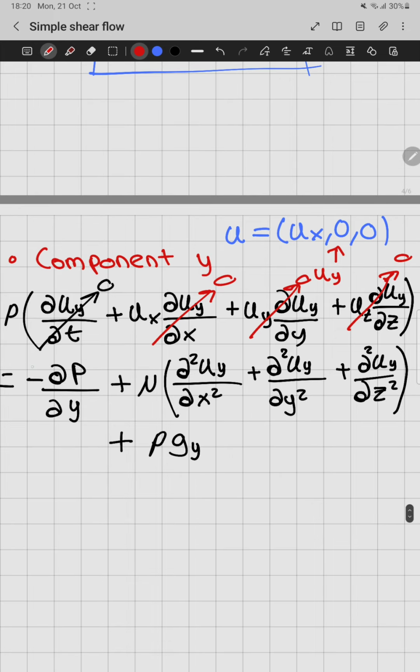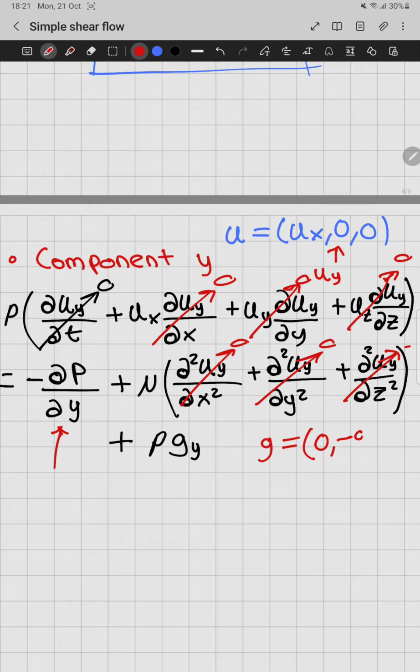So this is the pressure gradient in y direction. We don't exactly know its value, but it's non-zero. I will show you why. uy is 0, so all these terms are 0. And you remember the gravitational vector.